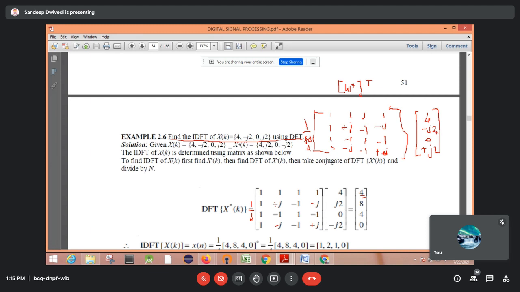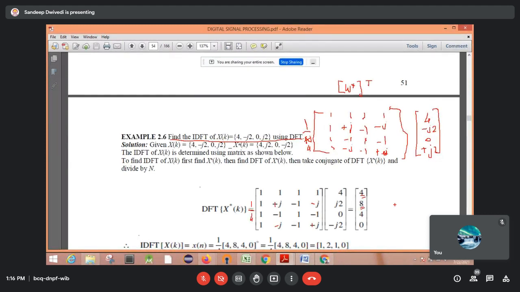This is a minus, and j square will be -1, so that minus will be plus, and this will be 2. Then -1 and this, so this will be 0, and here also you will get 2. So this is 4 plus 2 plus 2, so this will be 8.